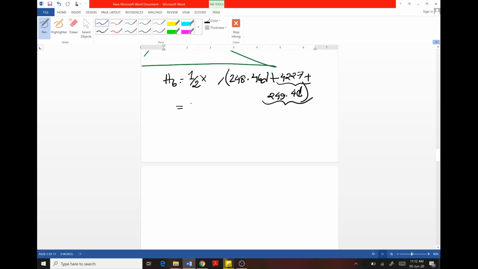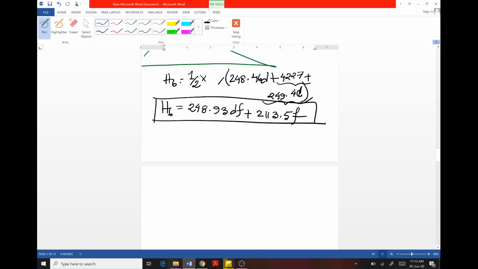Now this leads to another equation of 248.93 DF plus 2113.5 F. So H6 equals this.